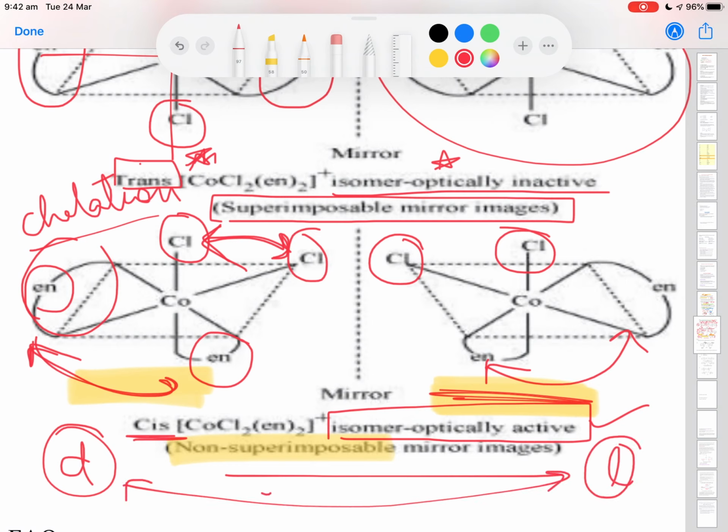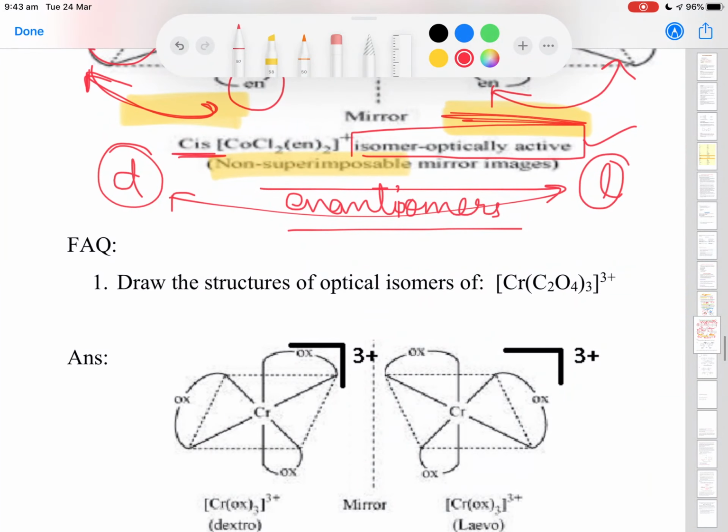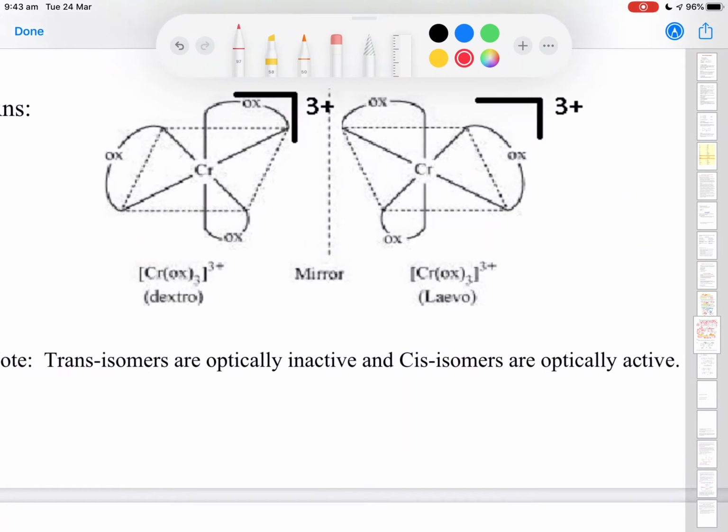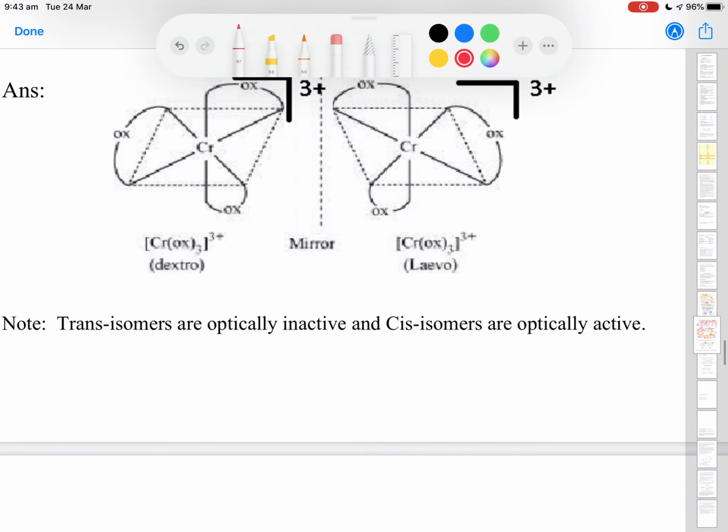They are called as enantiomers. I'll write down here. They are called as enantiomers. So enantiomers are non-superimposable mirror images of each other, right? So the point to be noted down here, I have mentioned very clearly for you so that you don't forget this ever, that trans isomers are optically inactive whereas cis isomers are optically active.